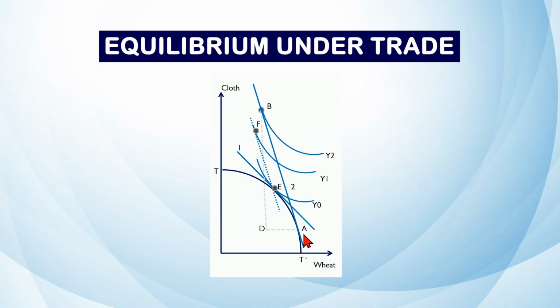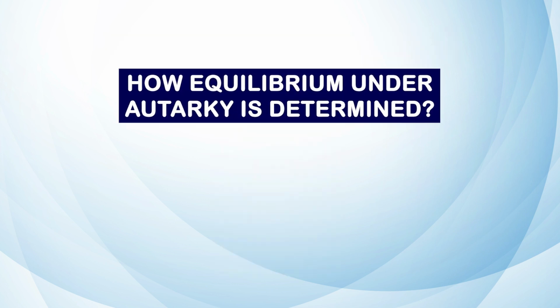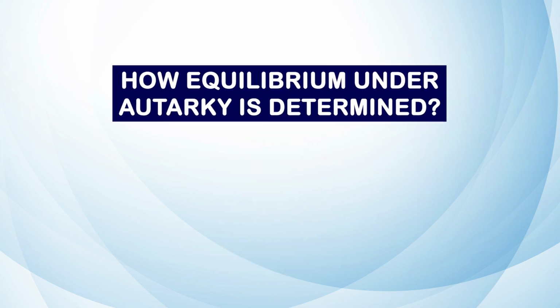Definitely Y2 is greater than Y0, and just by moving from E to A and then exchanging this production basket, production of wheat and cloth by some amount with another country, I am reaching this B point, and this ADB is giving me the trade triangle. So this diagram is explained in more detail in this slide, so you can understand this is self-explanatory. And then the question becomes how equilibrium under autarky is determined.